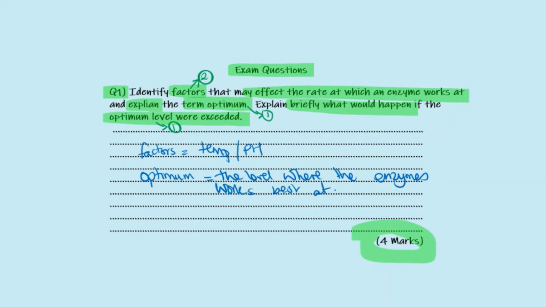And what would happen if the optimum levels were exceeded? So remember our graphs, we had one for the temperature, and we had one for the pH, remember?